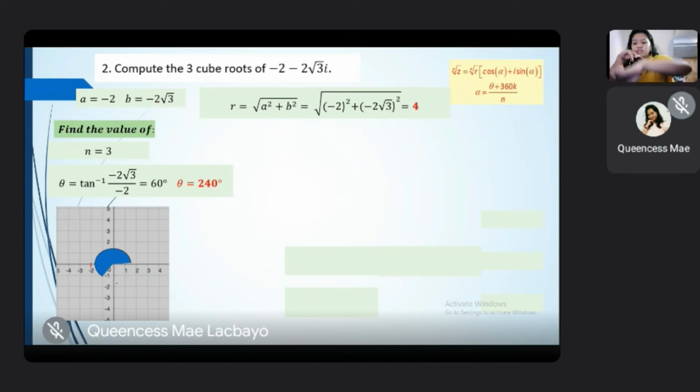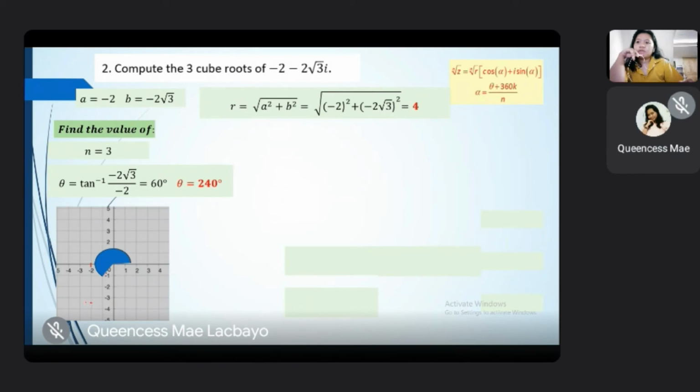Let's approximate this value, it is about 3.46, so negative 3.46, here.